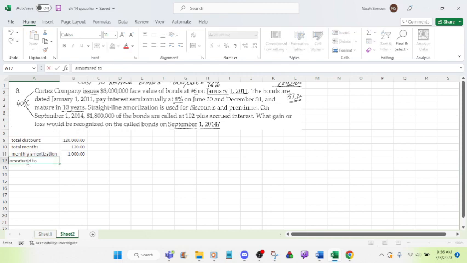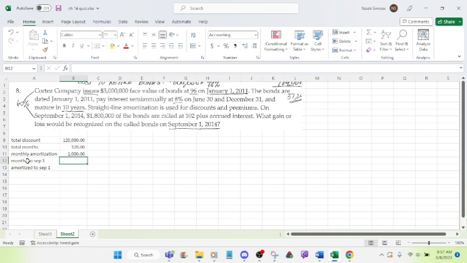Amortized to September 1st. So now how many months to Sep 1? They're issued at the beginning of 2011. So 2011, 2012, 2013, that's 3 years plus January, February, March, April, May, June, July, August, 8 months.